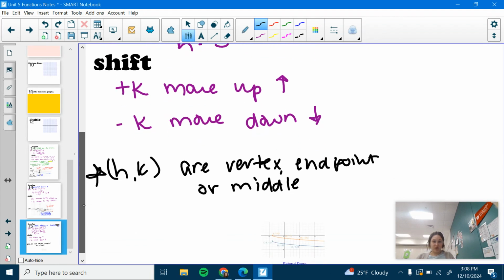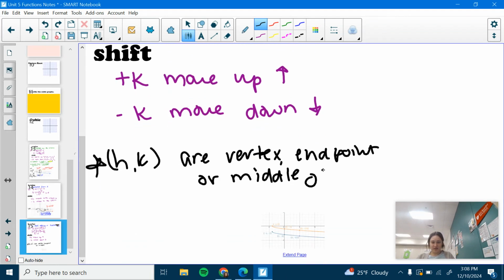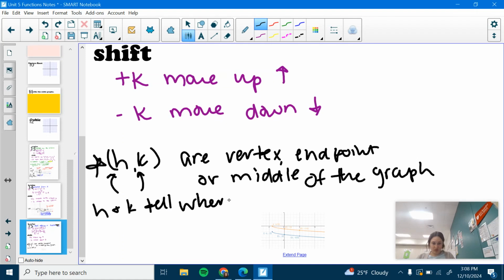And we're going to see that in a second on the graph. So that part is going to shift to h comma k, and then the a is going to change the shape. Okay? H and k tell us where. A tells us what it looks like.